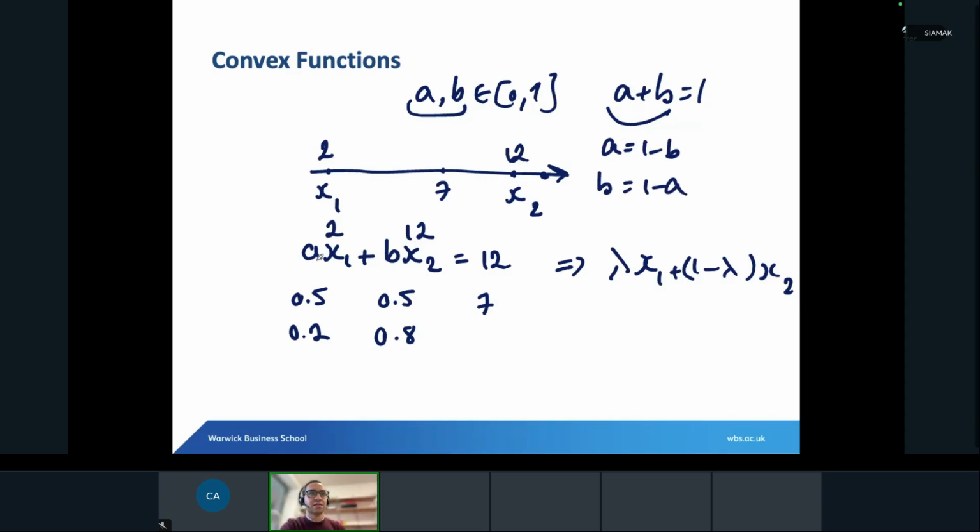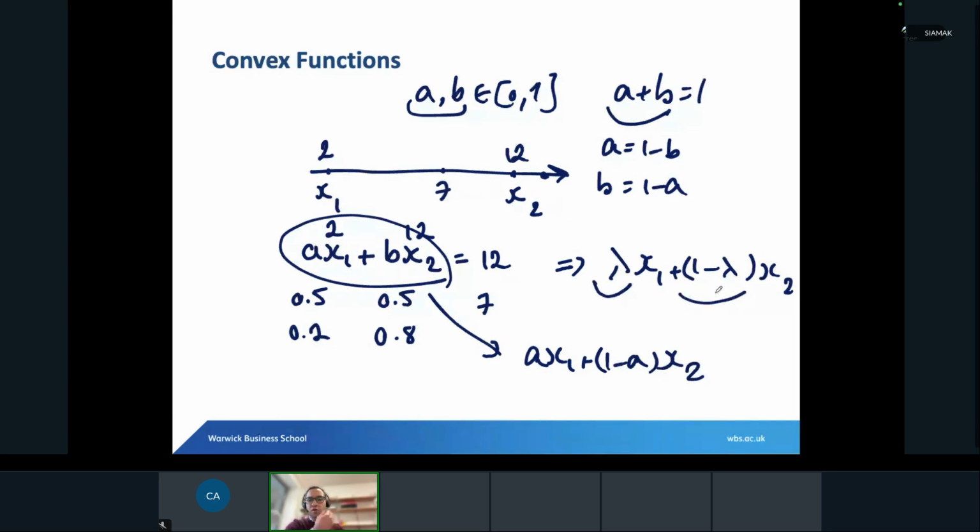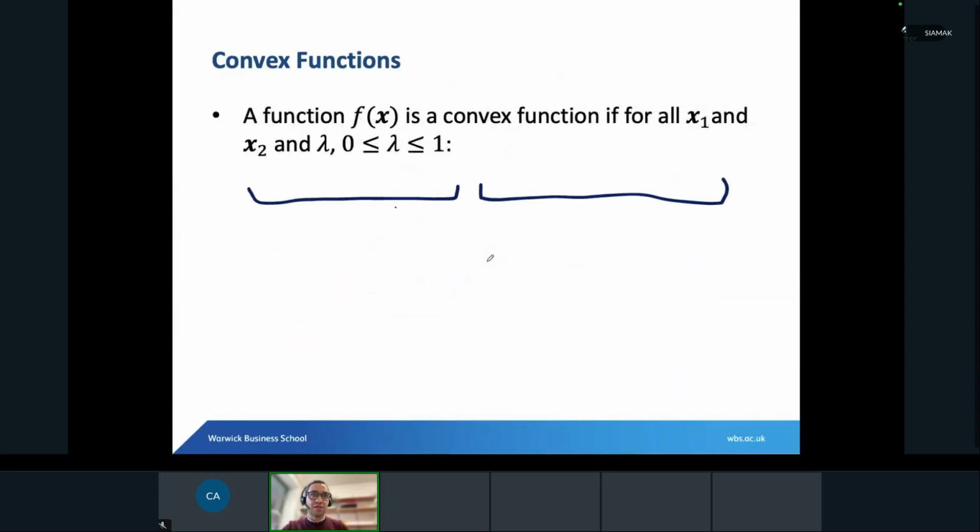This is exactly the same. So you can write this as a·x1 plus (1 minus a)·x2. We just replace it by lambda. So this is the linear combination of the function that we have. This is what I wrote.